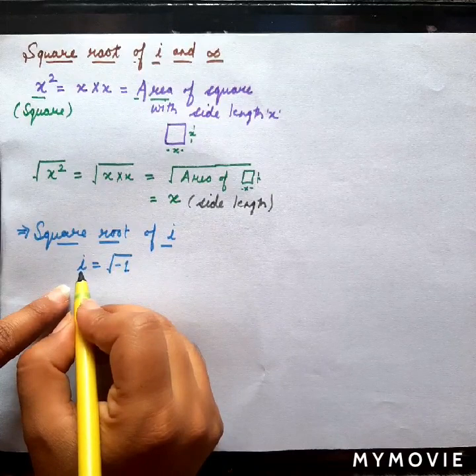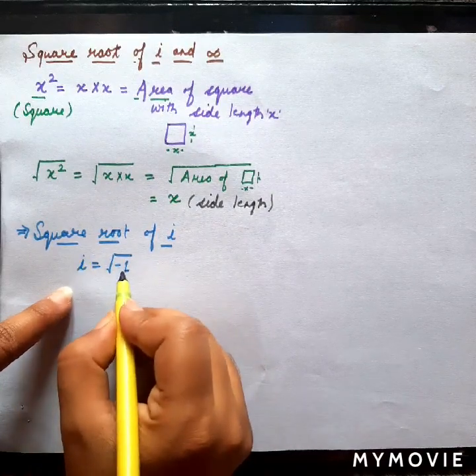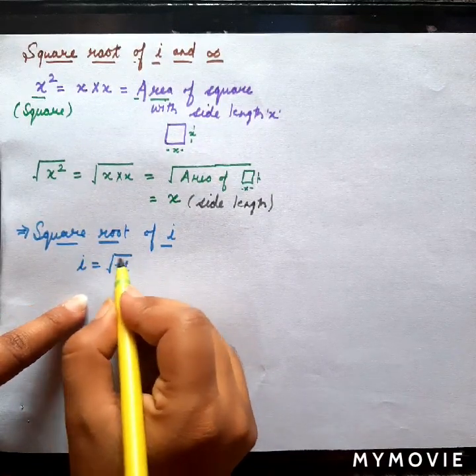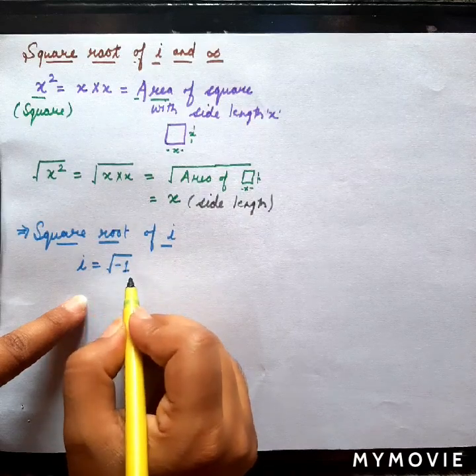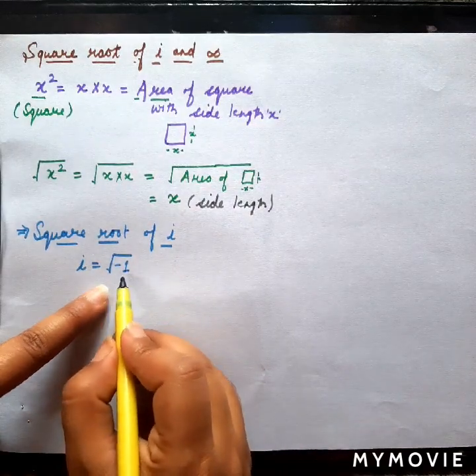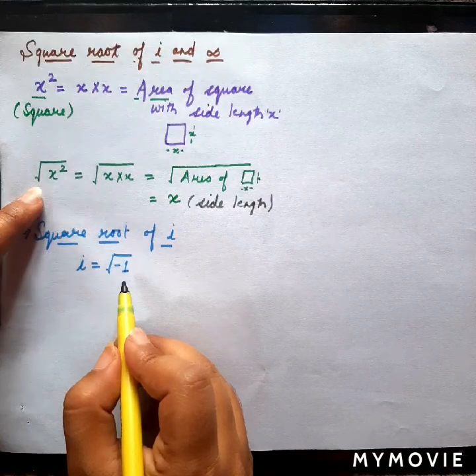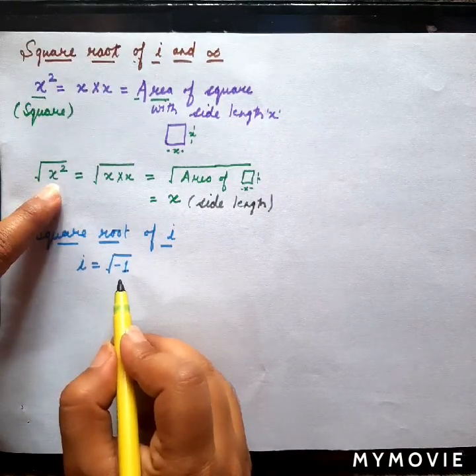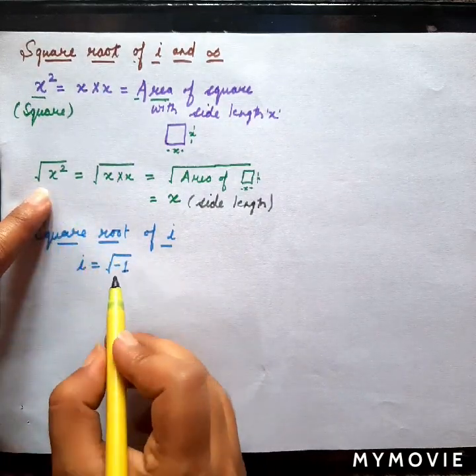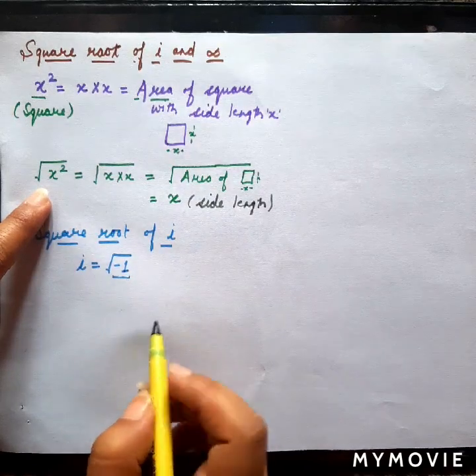So in order to talk about the square root of iota, we need to find out the under root or square root of -1. When I say under root of -1, so I am taking under root of a particular number, so under root of an area, right?